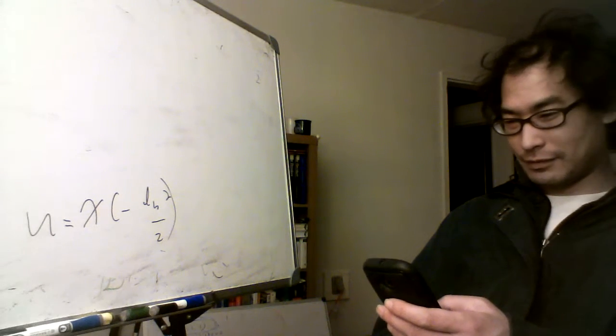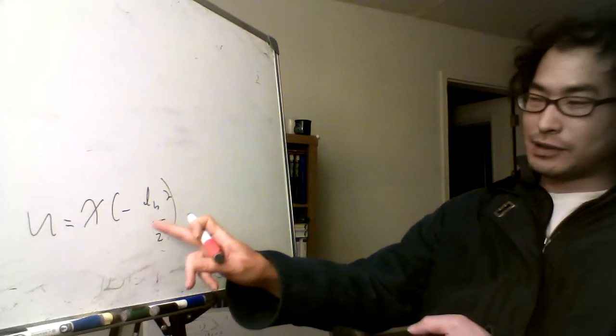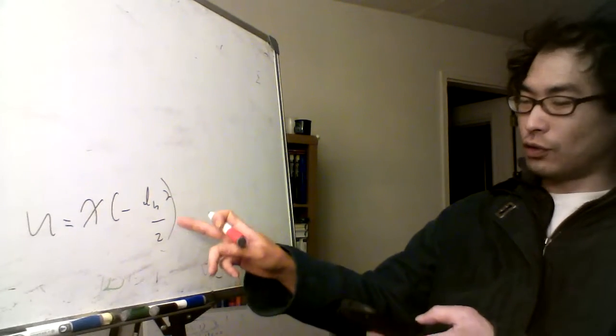All right, so u is this: u is equal to x times ln2 over 2, with a minus sign.